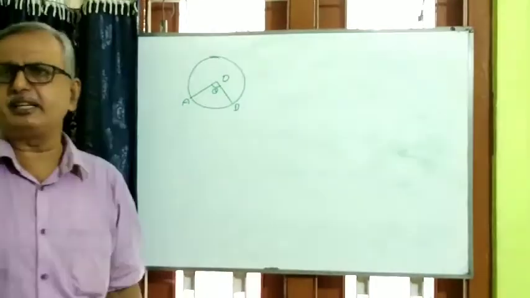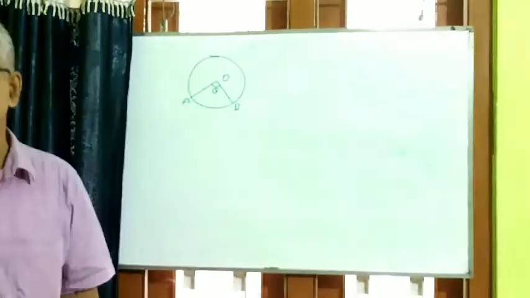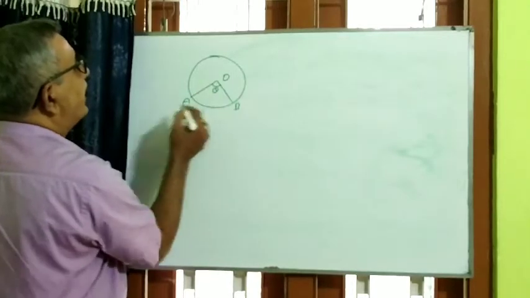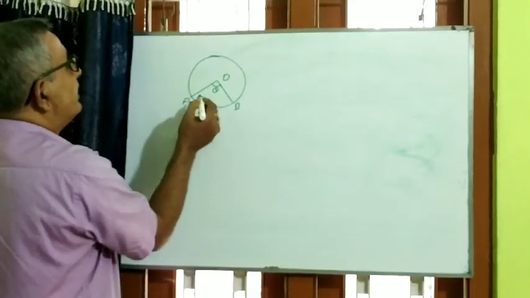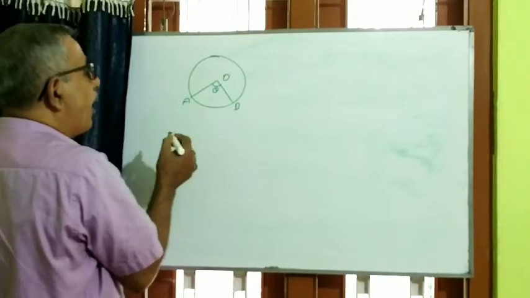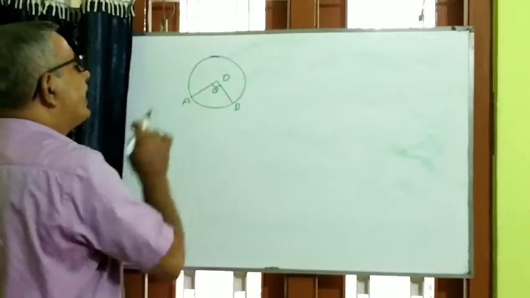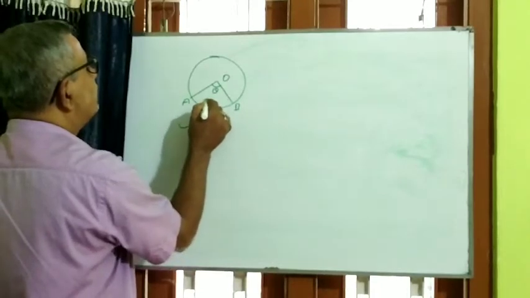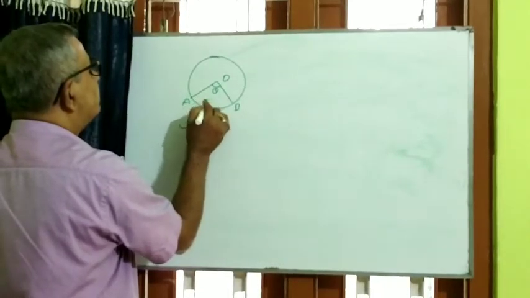Theta may be 30 degrees, 45 degrees, 60 degrees, 90 degrees, whatever is there. So this space will be called what? The region surrounded by two radii and one arc is called a sector.